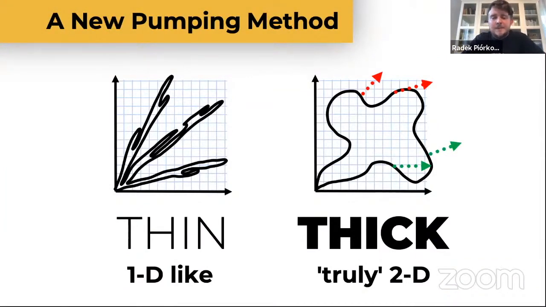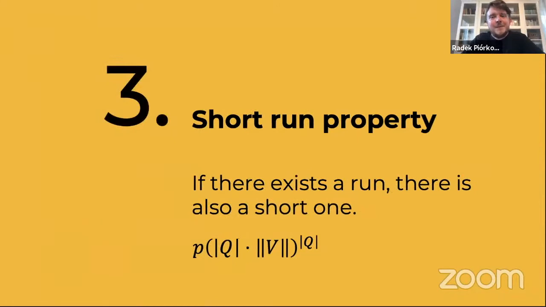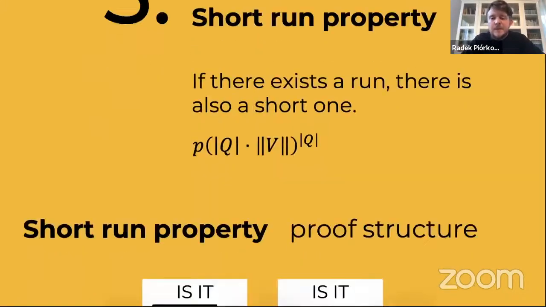So we may use the techniques that I just presented to prove the short run property, which says that if there exists a run, there also exists a short one in the TUVAs. So this is the third part of my presentation. The structure of the proof for the short run property is very similar to the structure of the proof of our pumping lemma.